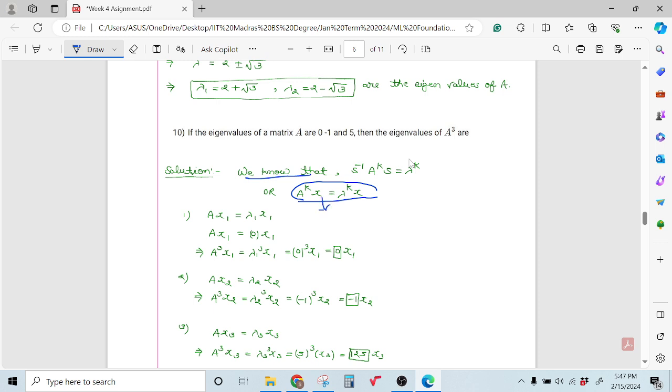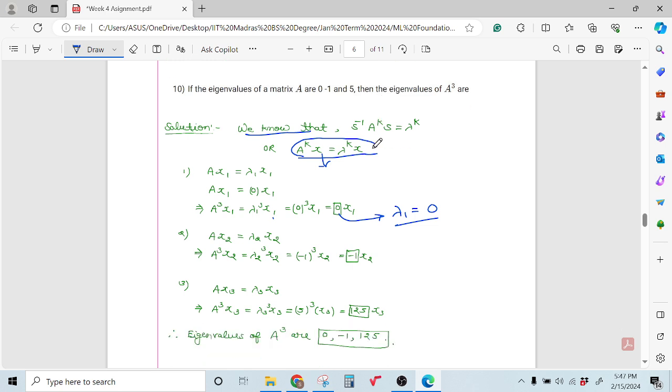In the problem we have to find the eigenvalues of A cube. So A cube x1 is equal to lambda 1 cube x1, and here lambda 1 is equal to 0. So 0 to the power cube x1 is equal to 0 x1. So the first eigenvalue of A cube is 0.